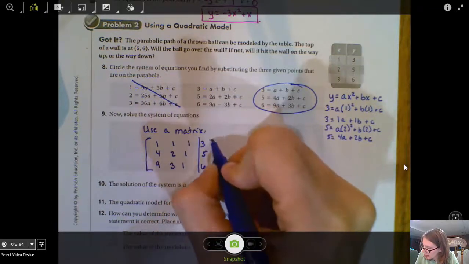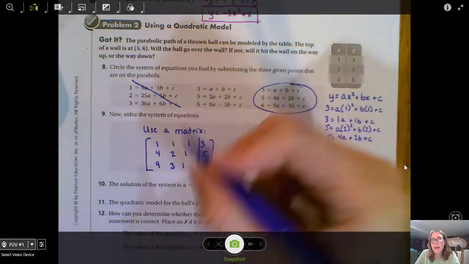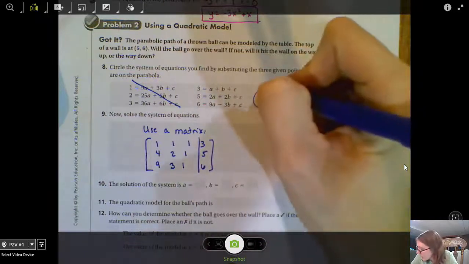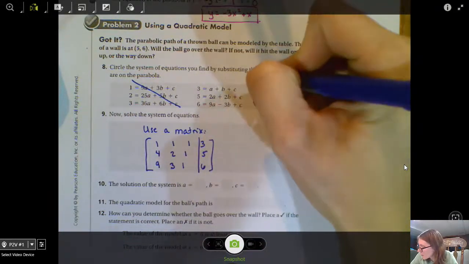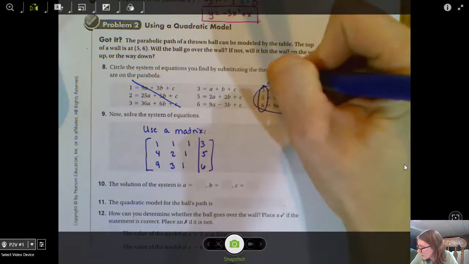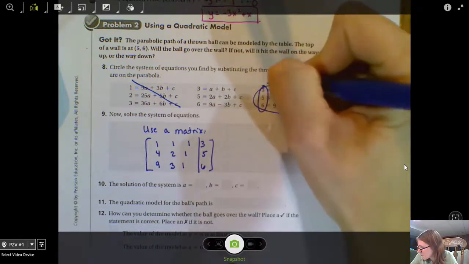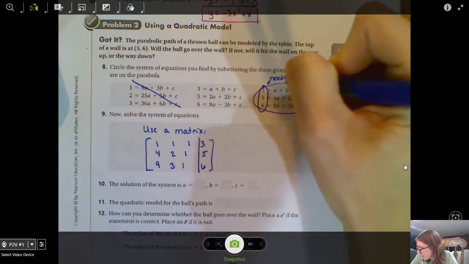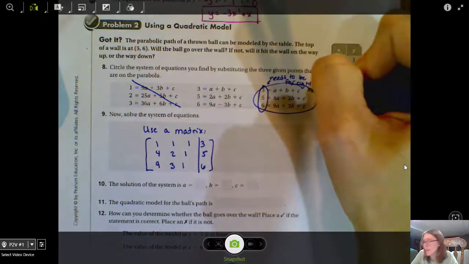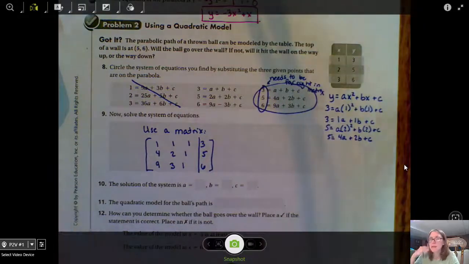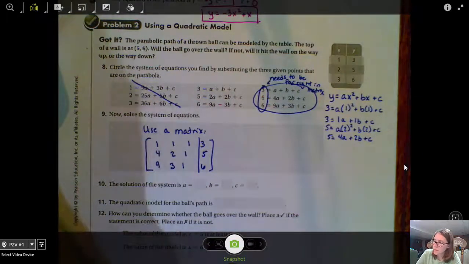Okay, so right now I just put my system of equations into a matrix, keeping in mind that this far column here with my y values needs to be in the far right in our matrix. Because our calculator recognizes that our far right column is what our equal sign should be, our numbers that would be on the other side of our equal sign.